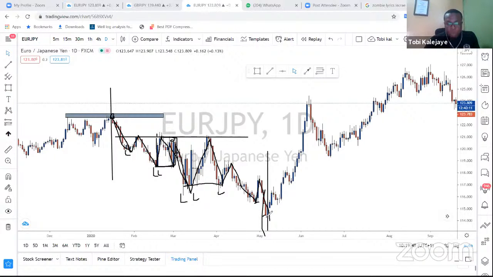This is just telling you that because the sellers are the ones in charge, there will be buy opportunities, there will be buy momentums, but they can't actually do so much for price. It won't take price off the roof. Now, what happened here? Let's look to this side now. Let me zoom into the right.